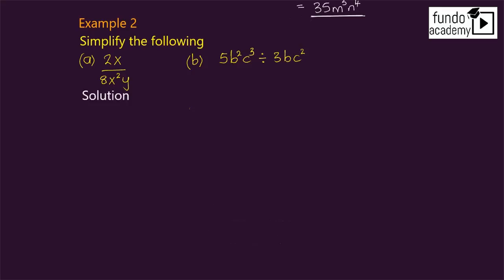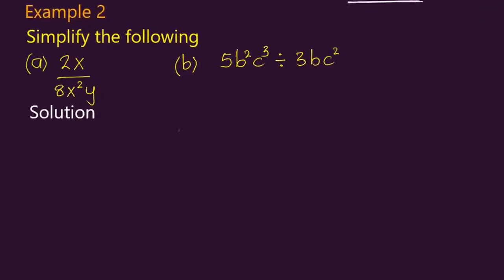Here's the solution to part A. On part A we have 2x divided by 8x squared y. So this can be written as 2 multiplied by x divided by 8 multiplied by x times x times y.